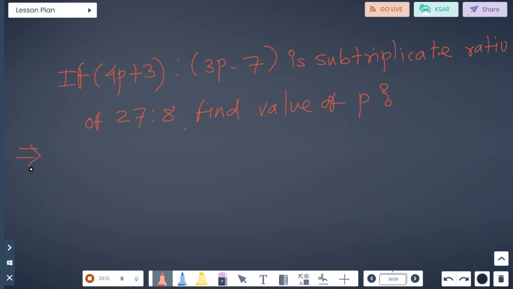Means first of all we have to find the sub-triplicate ratio of 27 is to 8, and we know that sub-triplicate means we have to find the cube root of that number. Cube root of 27 is 3 and cube root of 8 is 2.